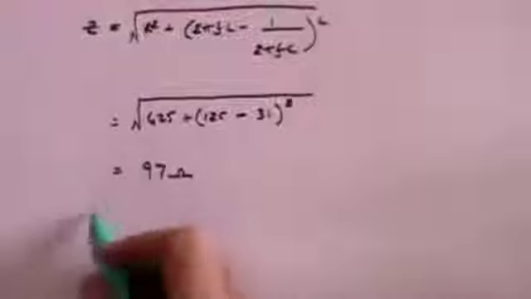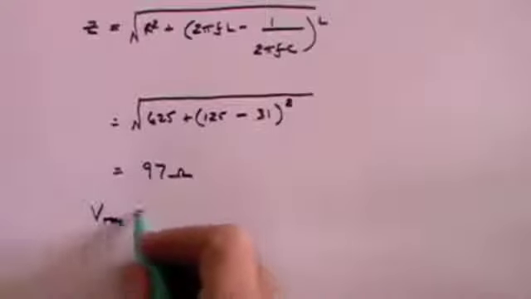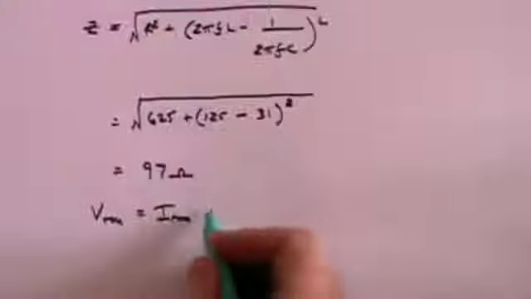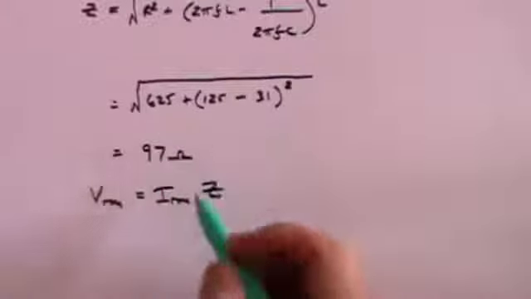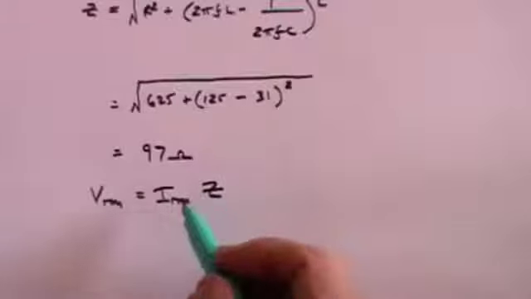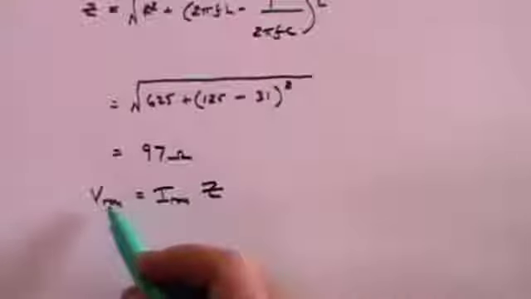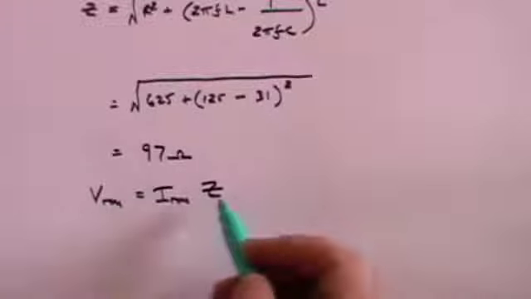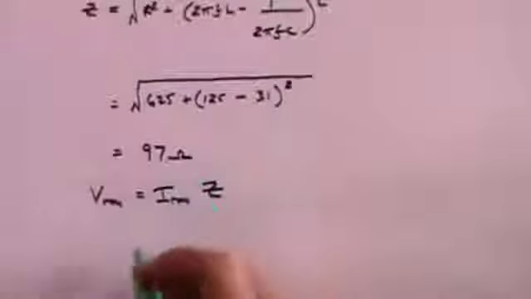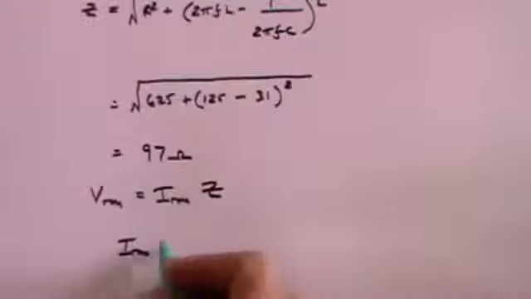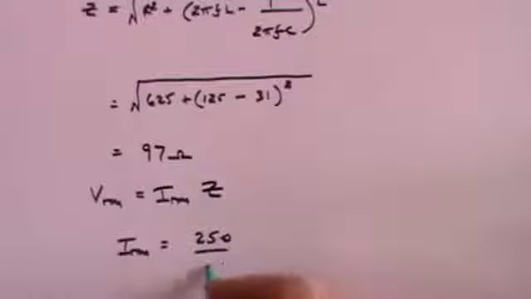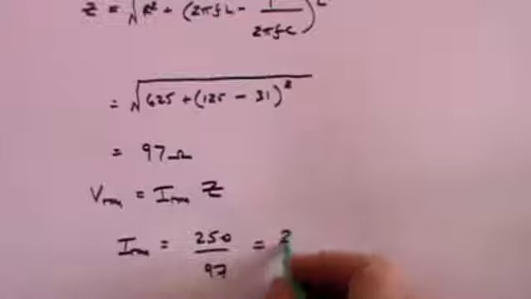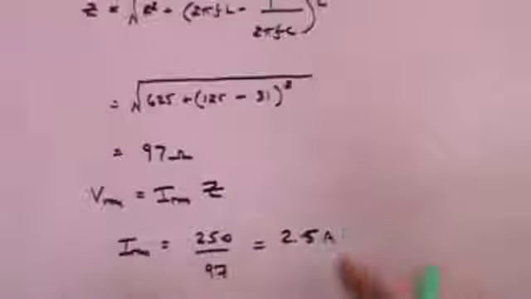And now we can still say that VRMS is equal to IRMS times Z, the total value of the impedance. And that means that IRMS is V, which is of course still 250, divided by Z, which is 97. So IRMS is going to be equal to 250 divided by 97, which is about 2.5 amps.